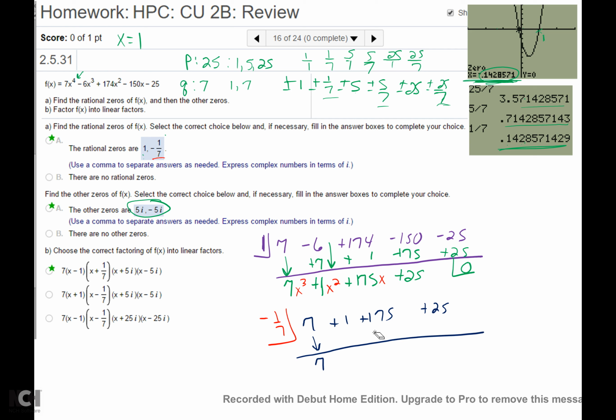Positive 1 plus negative 1 comes out 0, times negative 1/7 is 0. 175 plus 0 is 175. 175 times negative 1/7 is, I'm assuming, negative 25. Let me check that just to make sure.